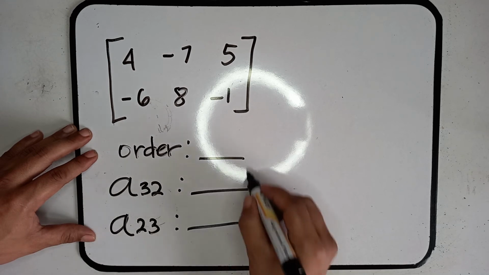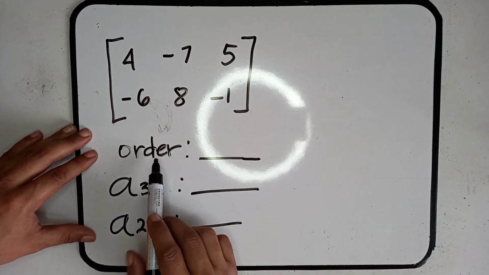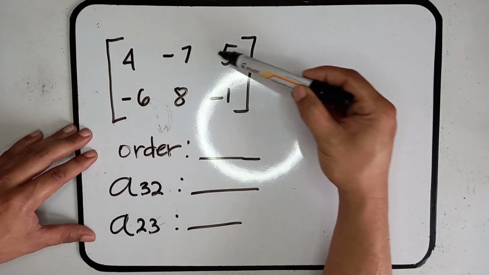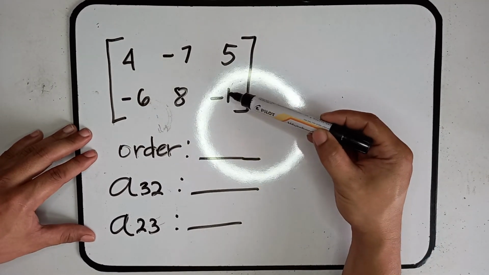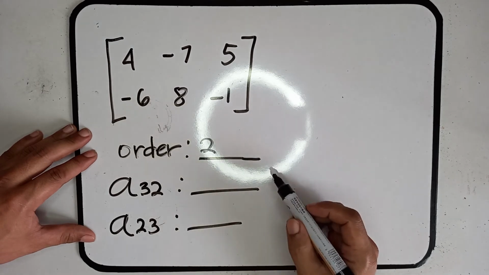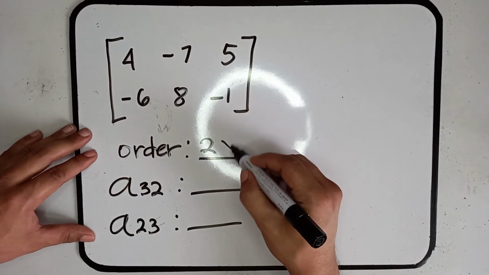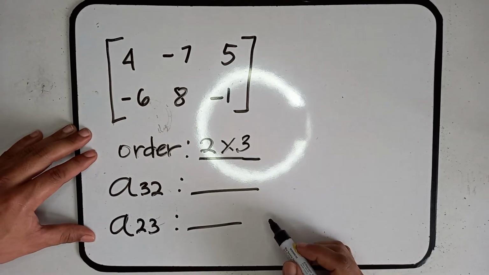So let's start with the order. What is the order of this matrix? Let's count. We have 2 rows. How many columns? 1, 2, 3. So the order of this is 2 by 3.